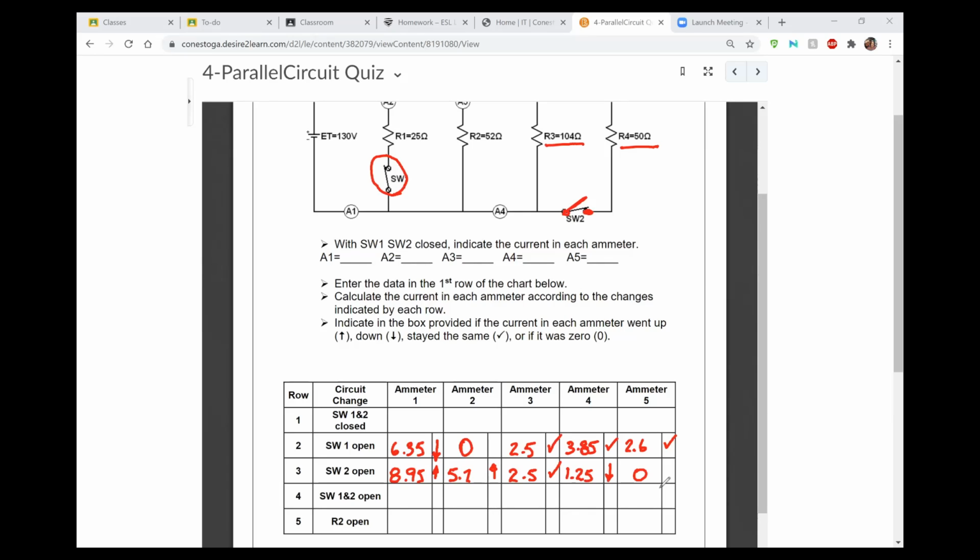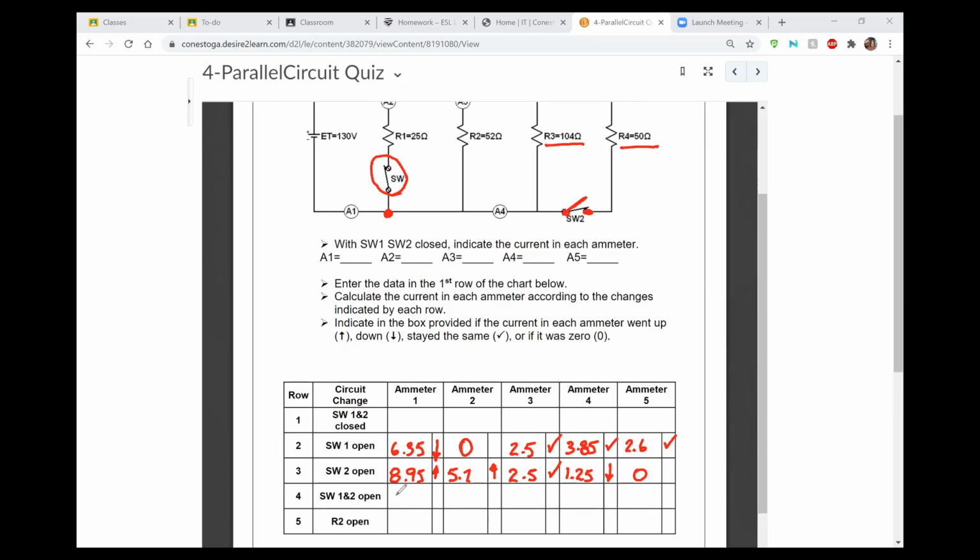Okay. So then we just open both switches, both switch 1 and switch 2. And when that happens, this branch here is being lost, and also we lost this other branch. Now the only resistors accounting for the total current of the circuit will be our R2 and R3.